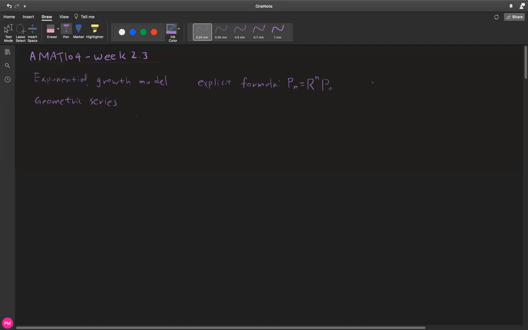And here, r was called the common ratio. And the recursive formula is given as p sub n equals r simply multiplied by p sub n minus 1.